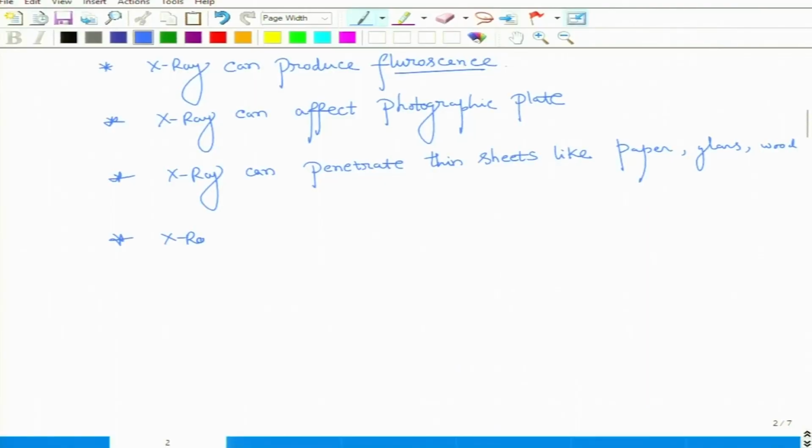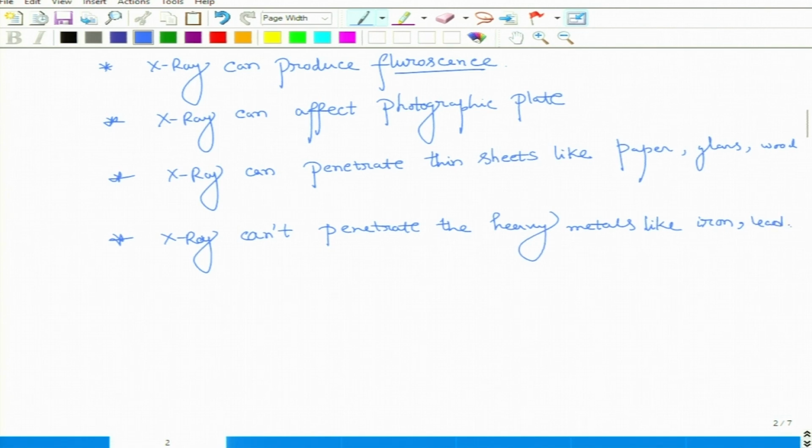So X-ray can penetrate those, but X-ray can't penetrate the heavy metals, like iron, lead.